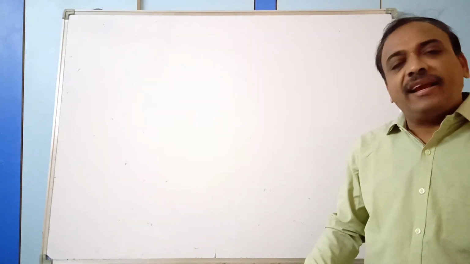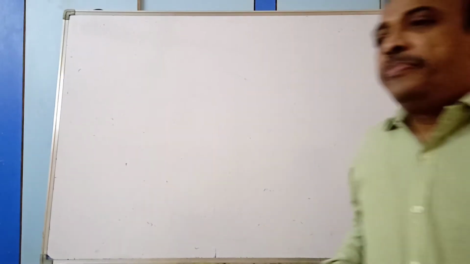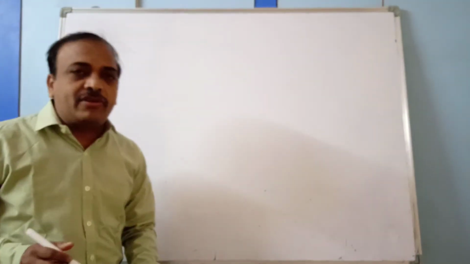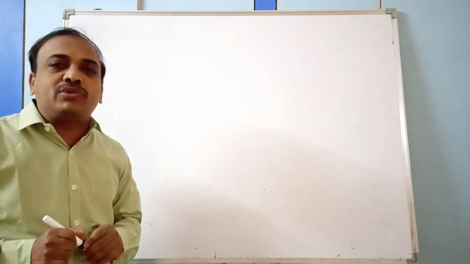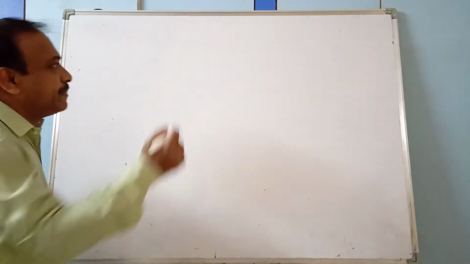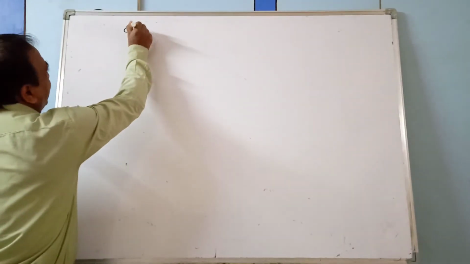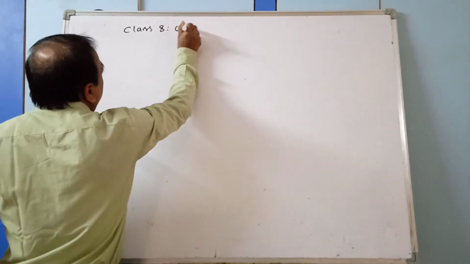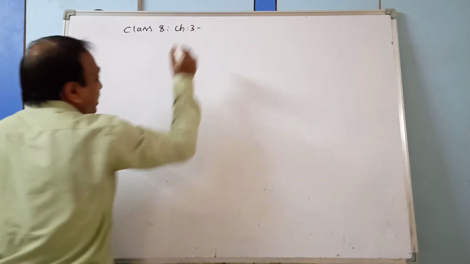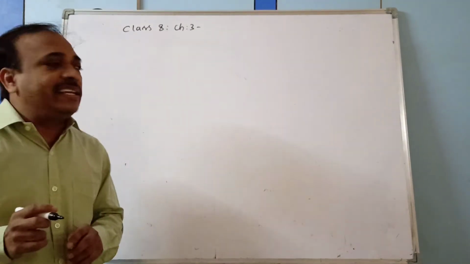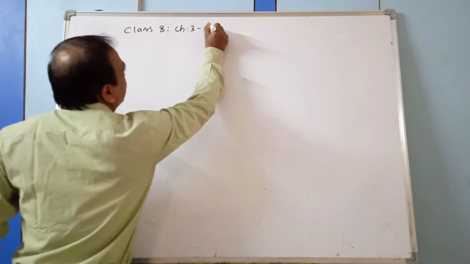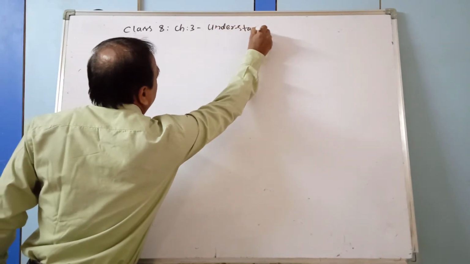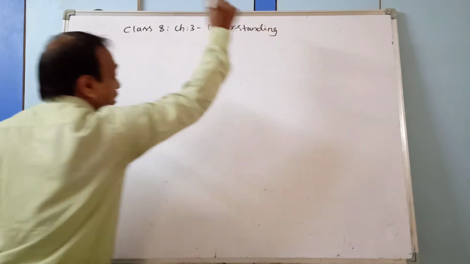Interior angles and exterior angles. The sum of interior angles of any polygon is calculated by using the formula (n-2) times 180 degrees, where n is the number of sides.